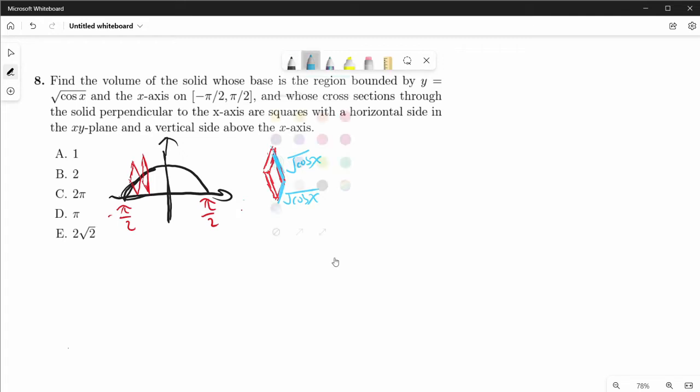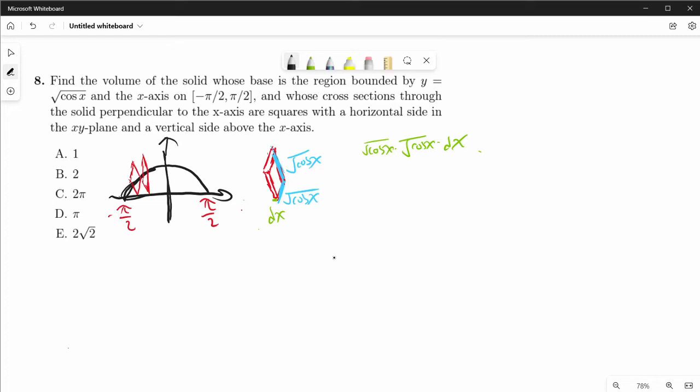And then the thin part is dx. We're imagining it to be super duper thin, and so the total volume of the single slab would be square root of cosine x times square root of cosine x times dx, right? It's just all three sides times each other.